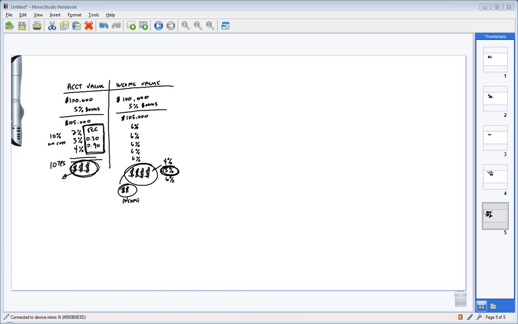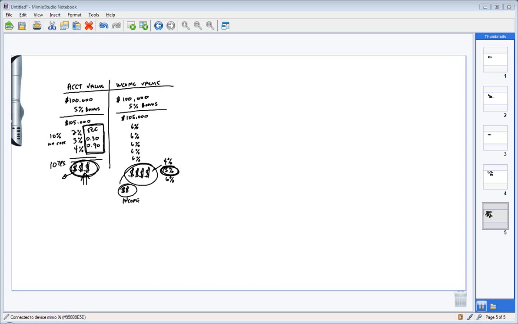Right. Now here's the thing. Let's talk about this account value for a second. Because let's say you take the income for a couple of years, and then after a couple of years of taking the income, both of you died in a car accident.